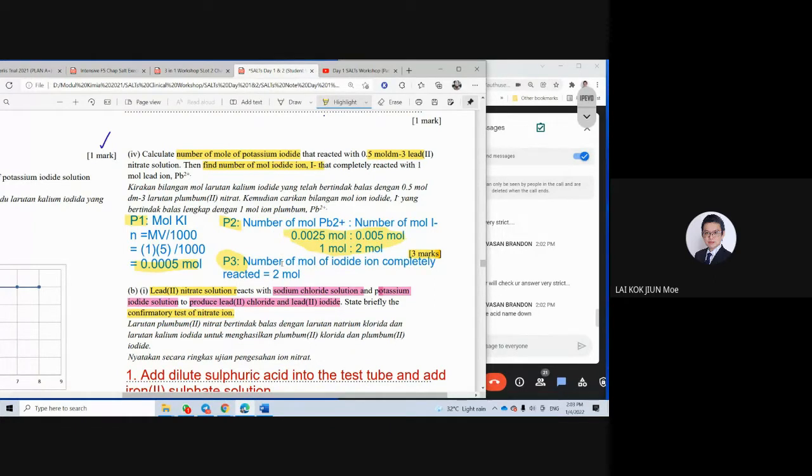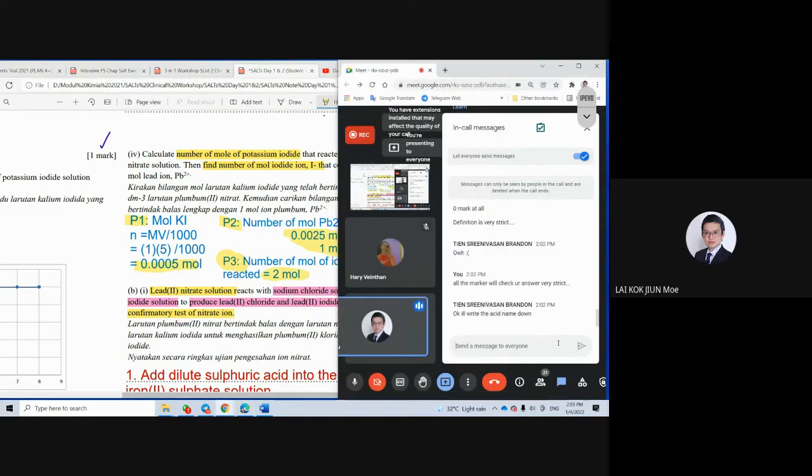If you skip this one, you lose the mark for number 2. So even though you are very fast, better you write properly every step. Write out all steps of calculation. This is a must-have in SPM. It's a good habit.